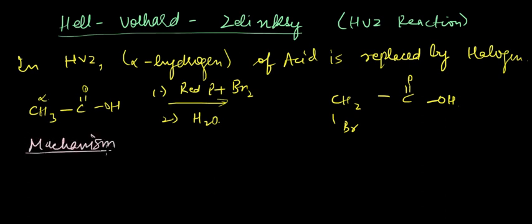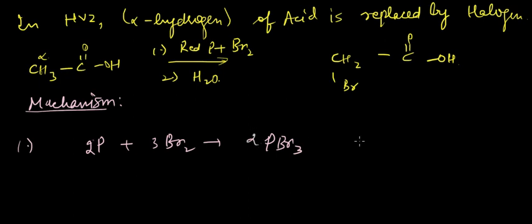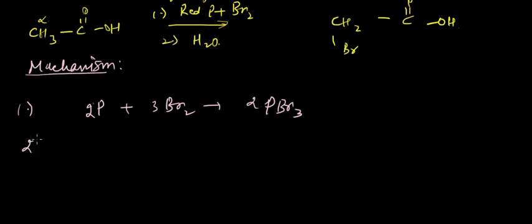First we have phosphorus, we pass Br2 with it, and we get PBr3. Obviously you can balance the reaction by having 2 and 3 and 2 and 3 here. So the reaction is balanced.